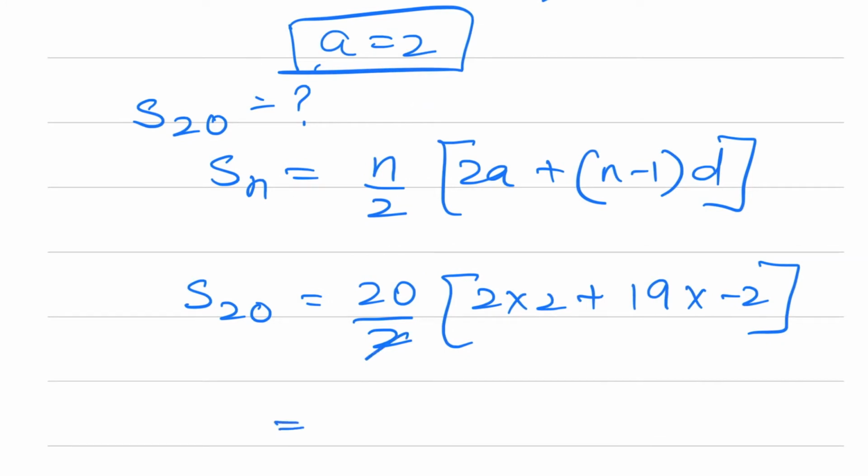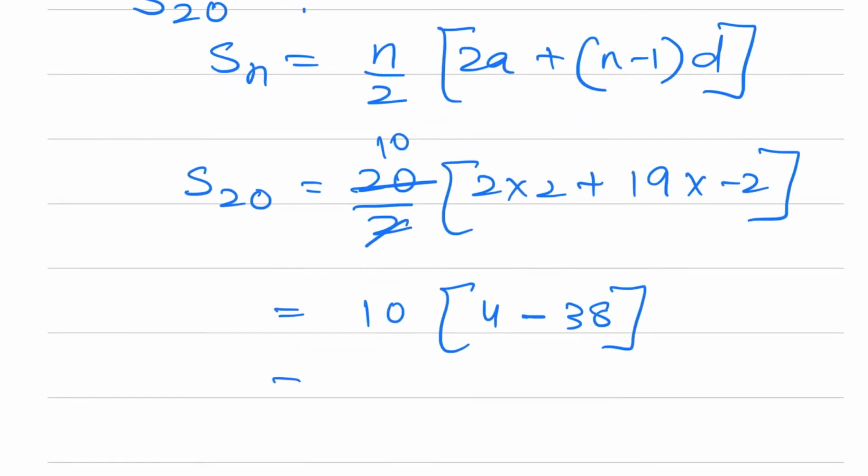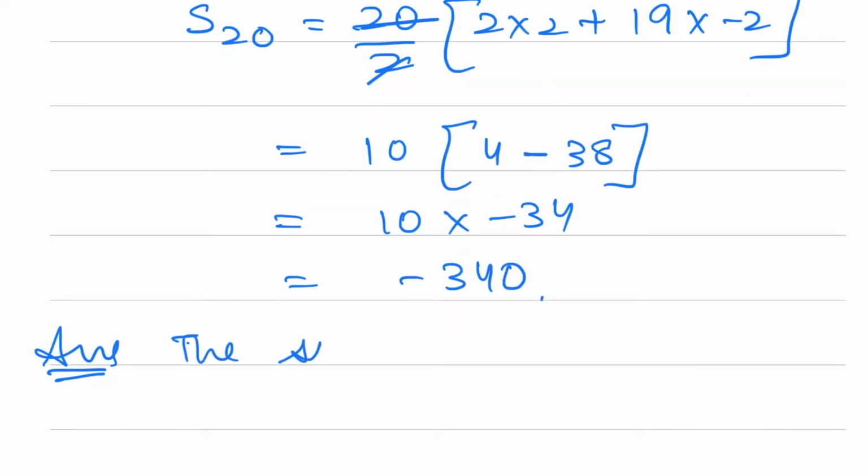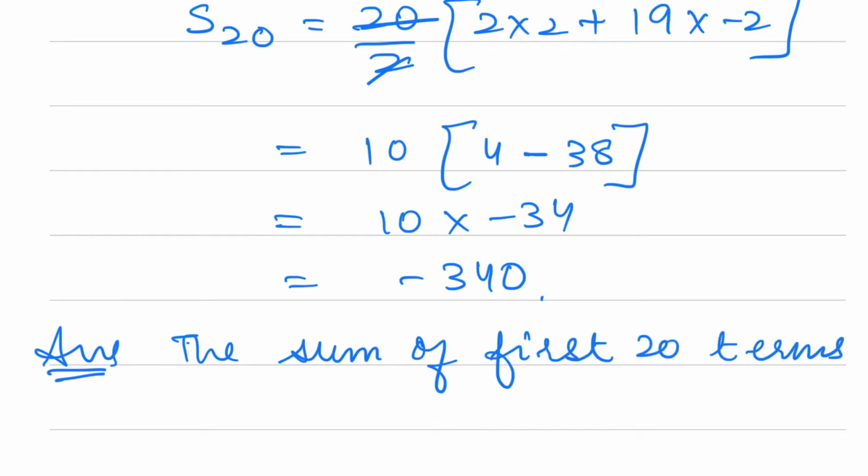So this is equal to 10 into (4 minus 38), which is 10 into minus 34, which is equal to minus 340. Answer: I can write down that the sum of the first 20 terms of this AP is minus 340.